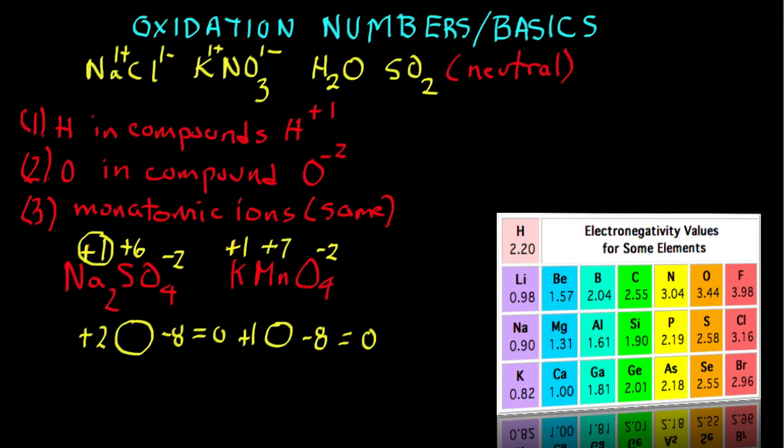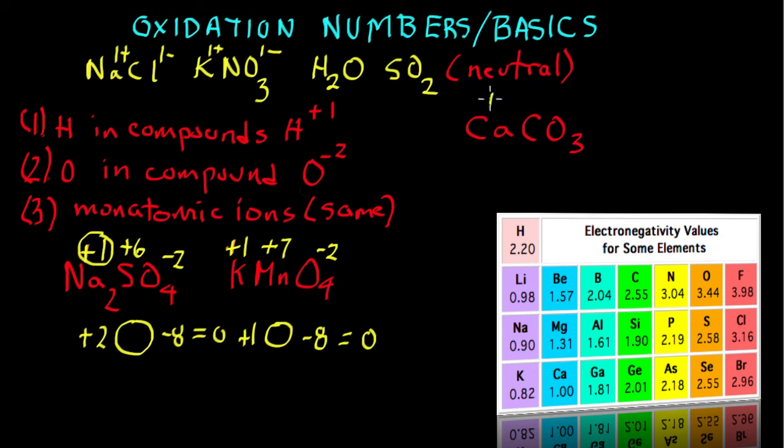We'll do a couple more. What about, let's see, calcium carbonate. Okay, calcium is in group 2. It's a 2 plus ion.